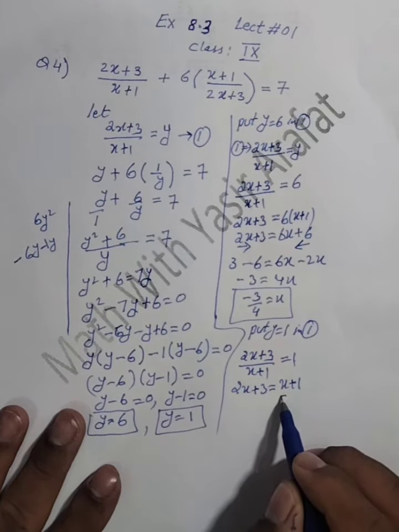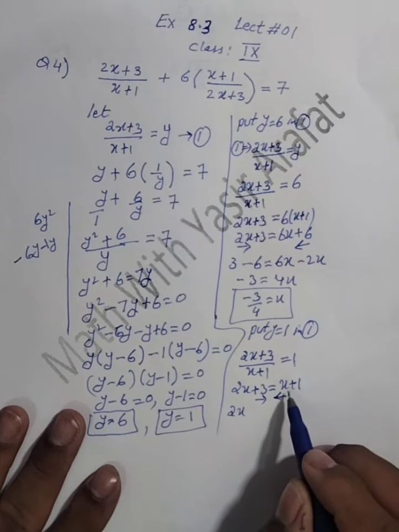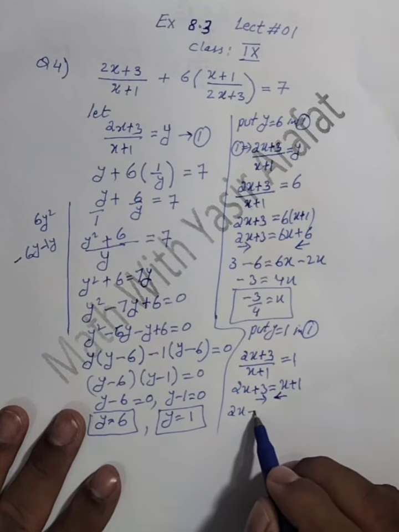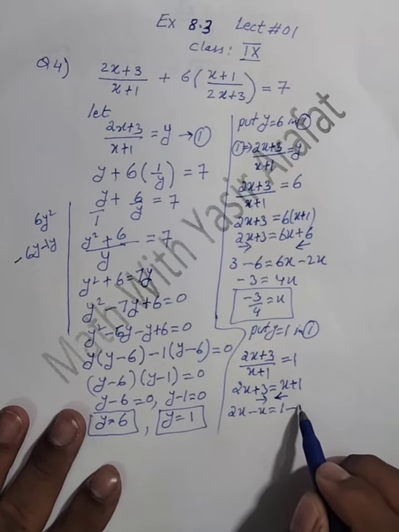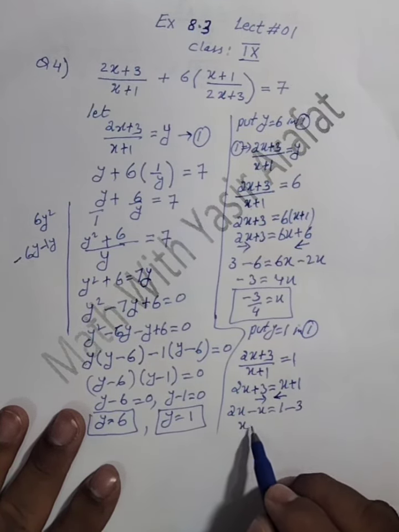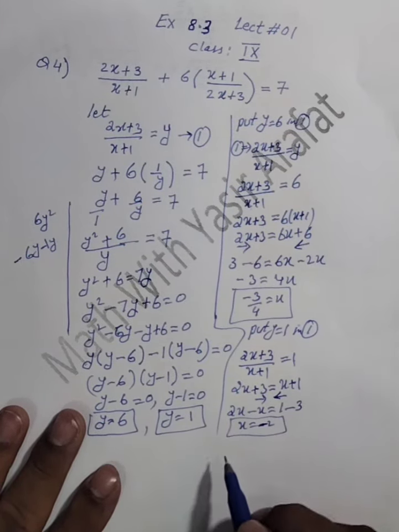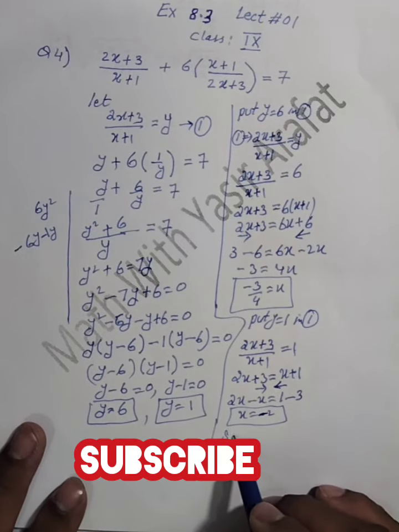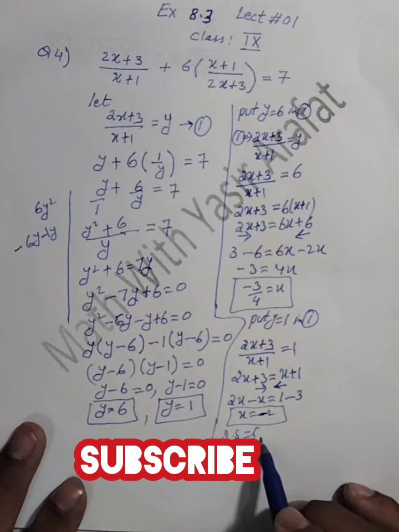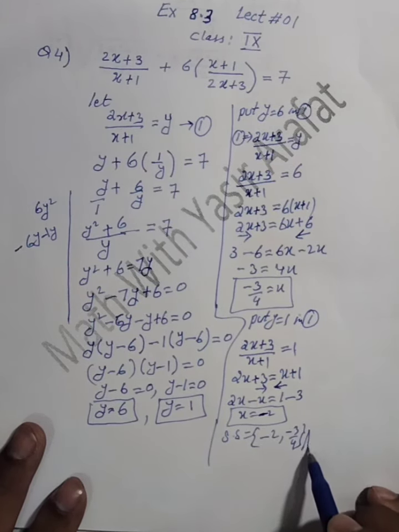So we have to separate the variable. So 2x plus 6 plus x minus x, 1 plus 3, we shift to the right hand side, so that will be minus 2. This is the solution set of this question, that is minus 2 and minus 3 upon 4.